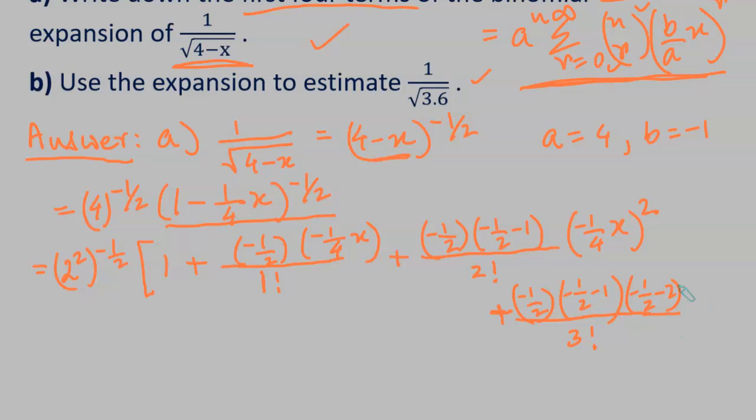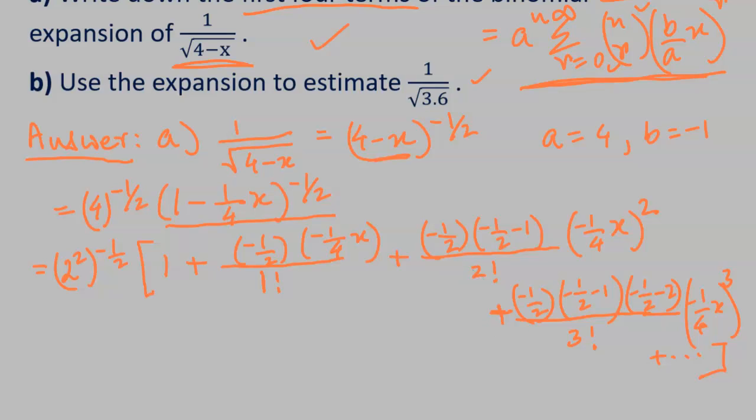Okay, and it is -1 over 4 times x raised to the power of 3. And it is actually an infinite series. We are required to give the first 4 terms, so I have written the first 4 terms.